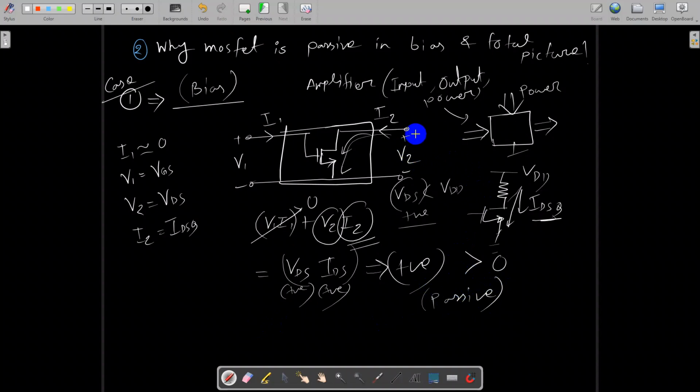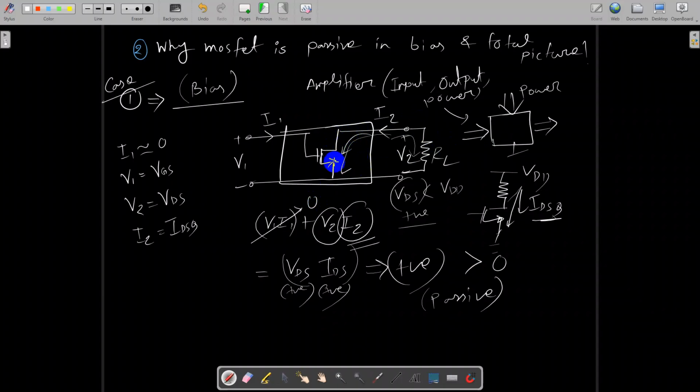So what will happen if we add a load here? Ideally, there is no bias current flowing through that load. If the bias current is divided and flows through the load, then that particular node will be loaded, and the gm will be dropped.